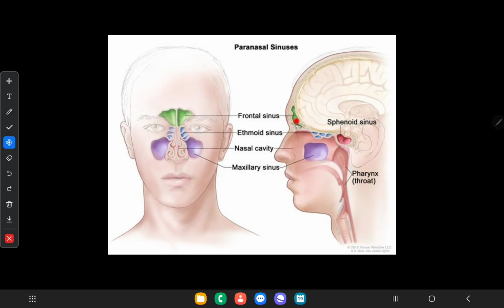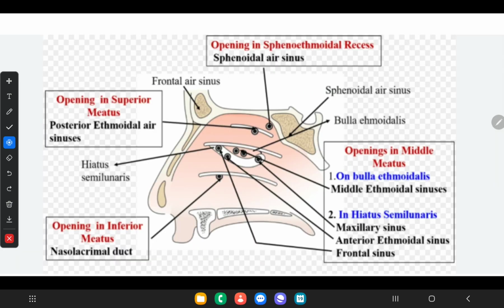The frontonasal duct begins at the opening of the sinus, which is located in the floor of the sinus. Usually the frontal sinus opens by this duct at the anterior end of the infundibulum in the middle meatus. So in this picture you can see this is the middle meatus.